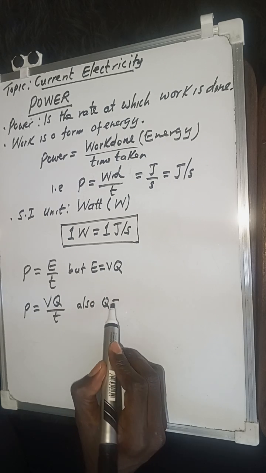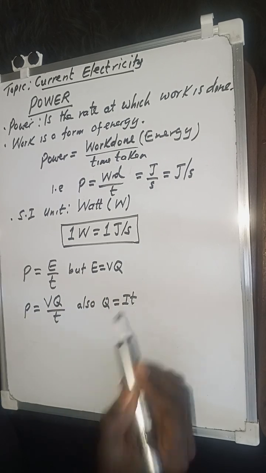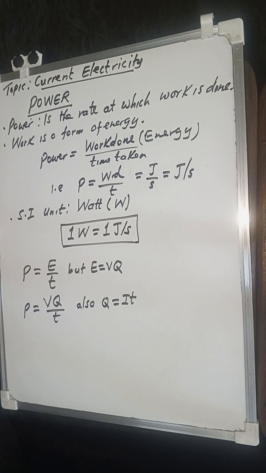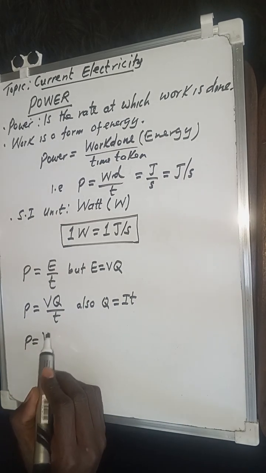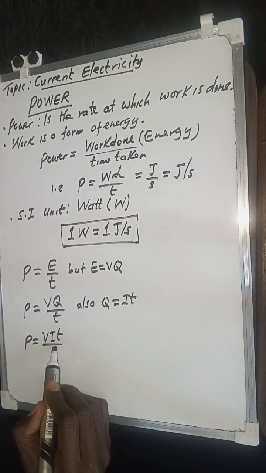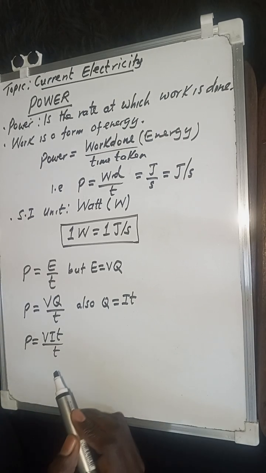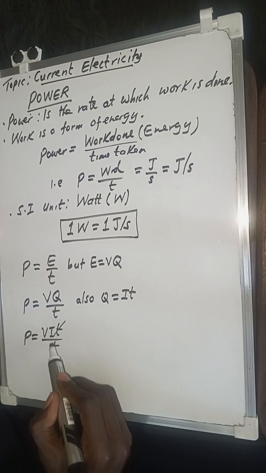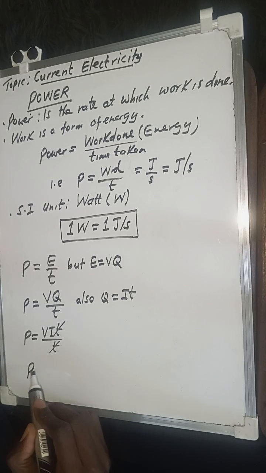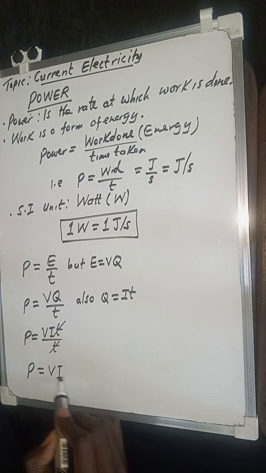But we also know something about this. We know that charge is equal to current multiplied by time. So therefore, where there's charge, I can replace with I T. So it will be power is equal to voltage I T divided by T. Do you notice something that can happen there? Definitely, you see the T and the T there can cancel. Therefore, it will give you power is equal to voltage times current.